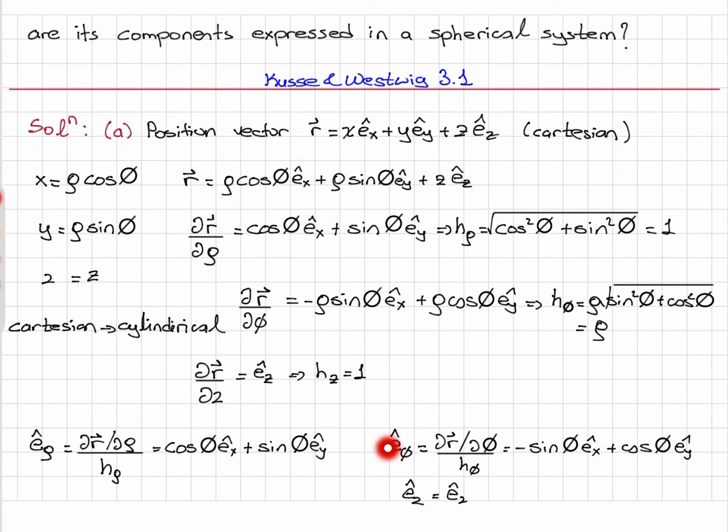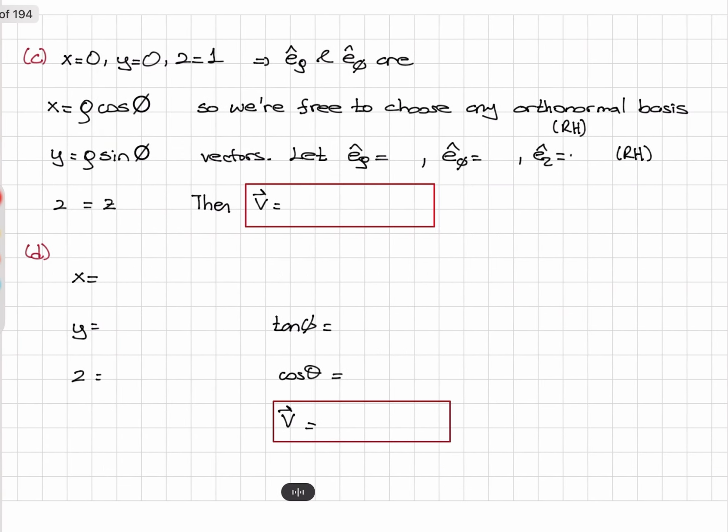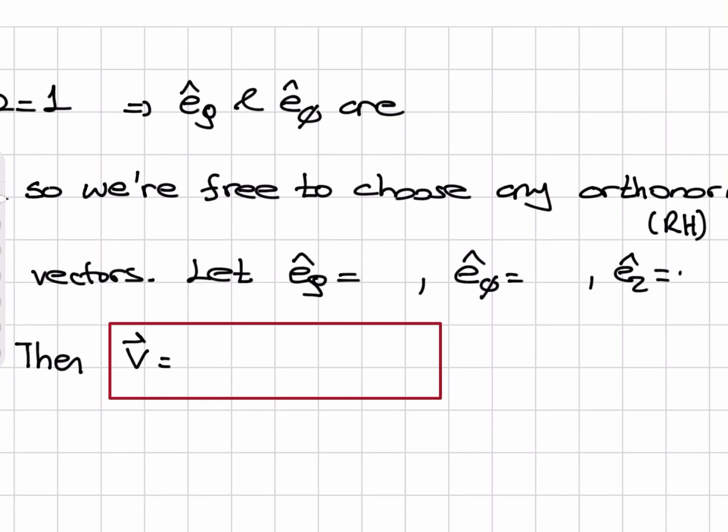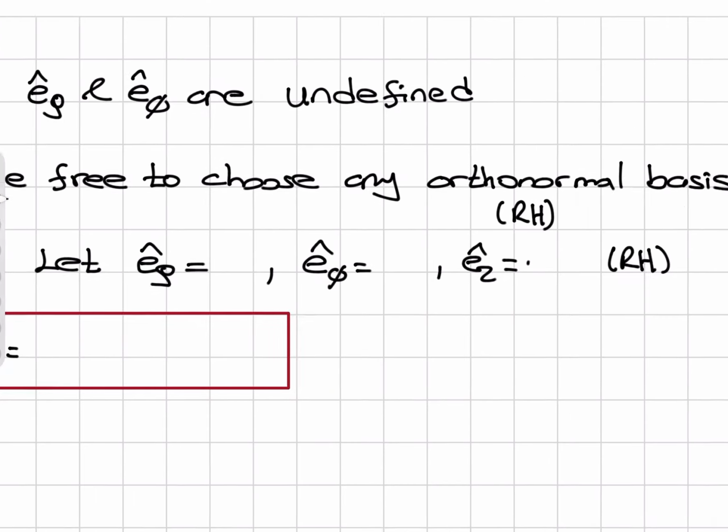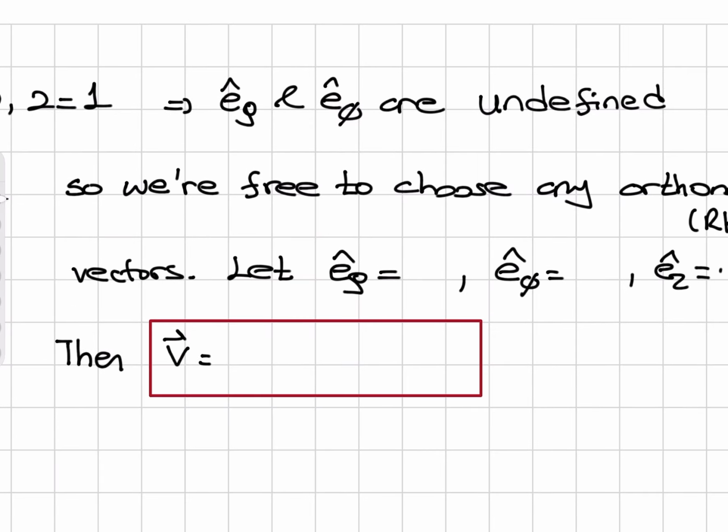And a similar situation occurs for e phi hat, so minus sine phi plus cosine phi. These unit vectors are undefined. Therefore, these two unit vectors are undefined. So we're free to choose any orthonormal basis vectors.